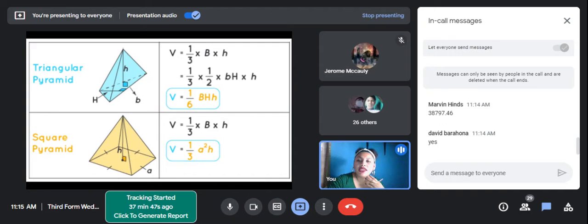And this is the one we just did. Next formulas. Triangular prism. This is the formula, the one that is yellow. Square pyramid. This is the formula, the one in yellow. Kindly write them down very quickly.